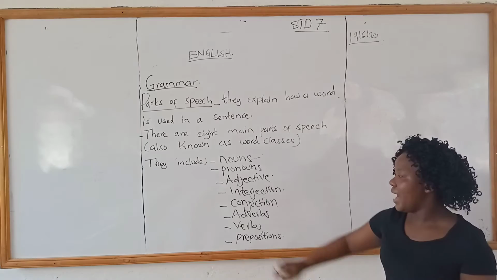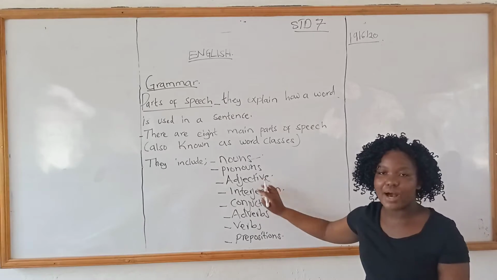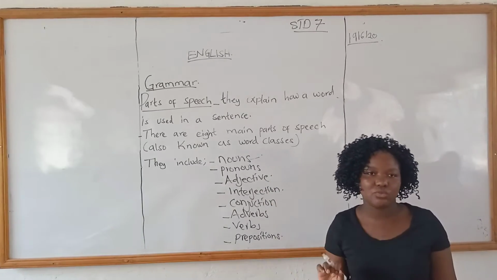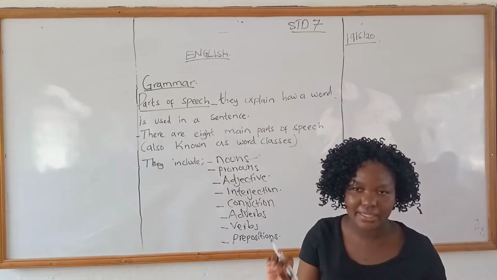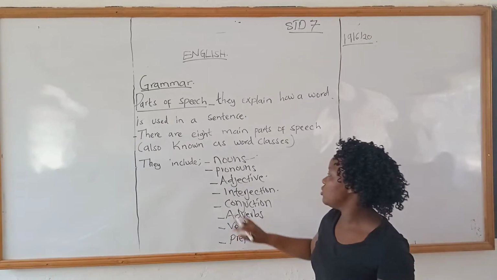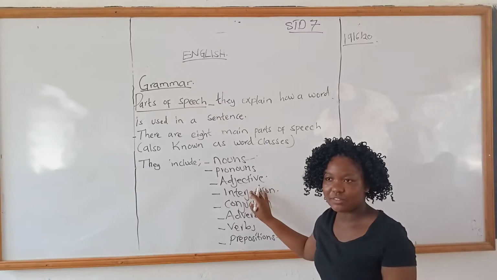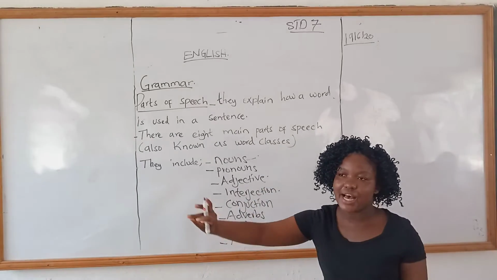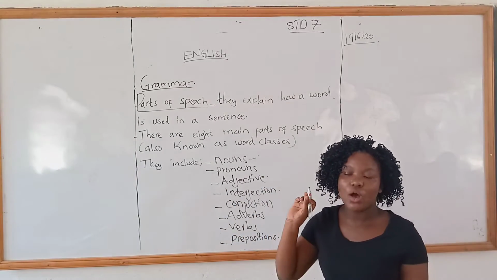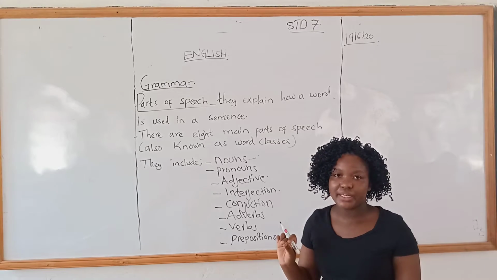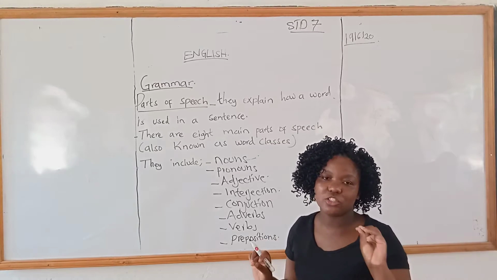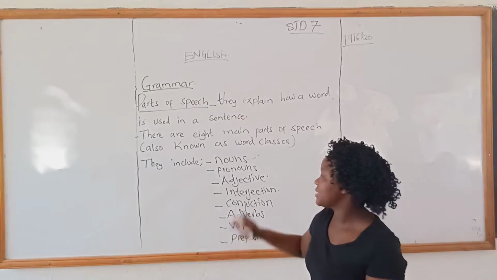Adjective. An adjective is a word that describes a noun, a describing word. We also talked about the order of adjectives. For example, you've been given adjectives and you are asked to arrange them in an orderly way. There's a formula that we normally use to get the correct answer.